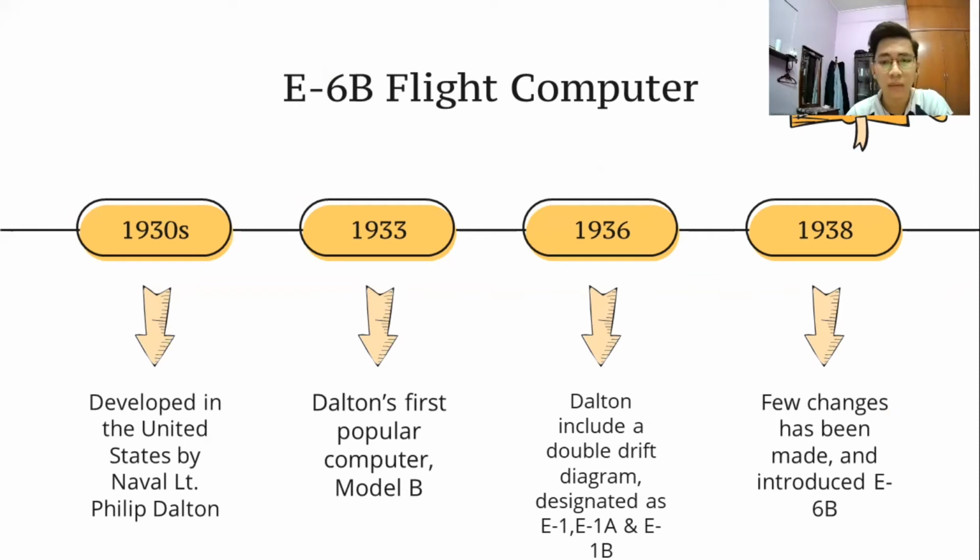Weems used to call the flight computer Model J, but then both of them agreed to introduce the invention as E6B, and the Army Air Force placed a large order of over 400,000 units of E6B. After that, the design was special because most of the plastic used in this flight computer glows under black light. Here is some history about our first flight and mission computer.